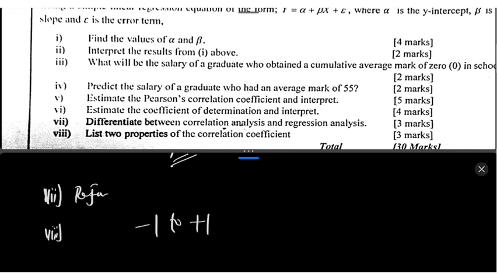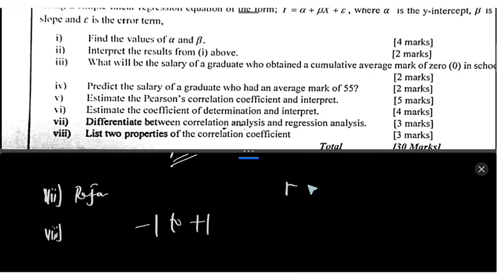So that's one property that we can talk about. Two, the coefficient of correlation measures only linear correlation between two variables. It only measures a linear relationship between two variables.